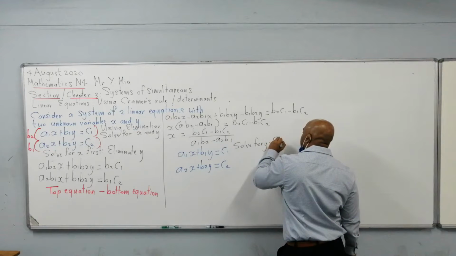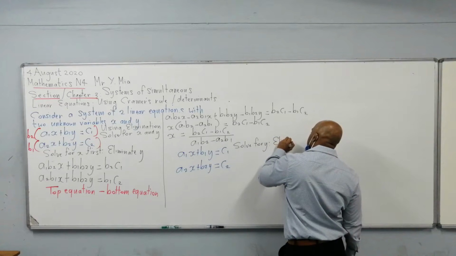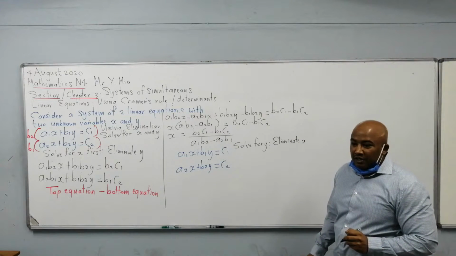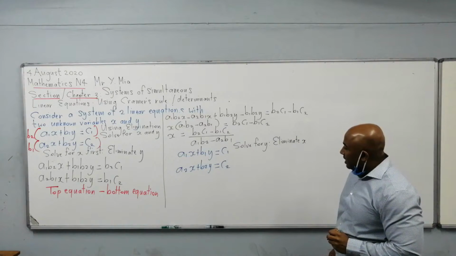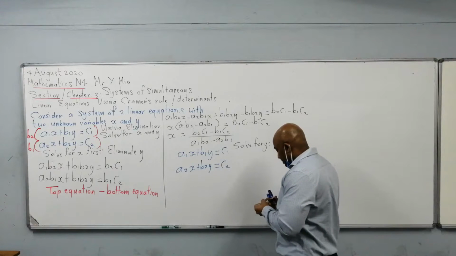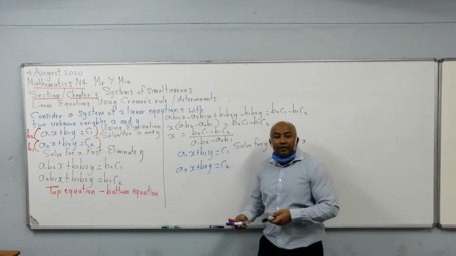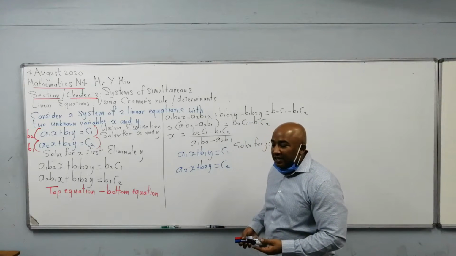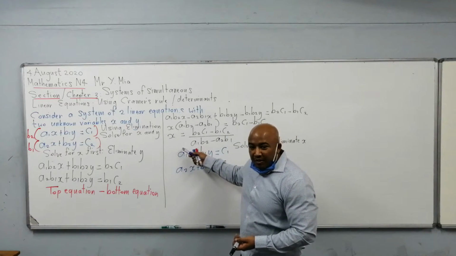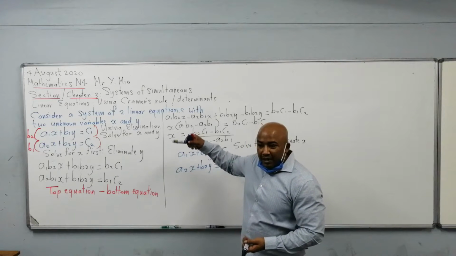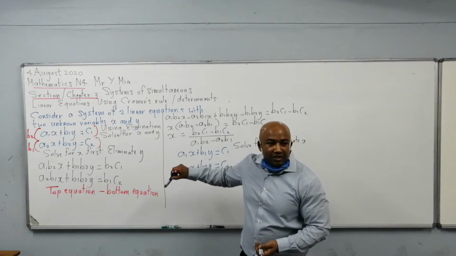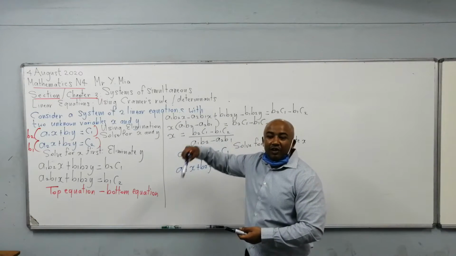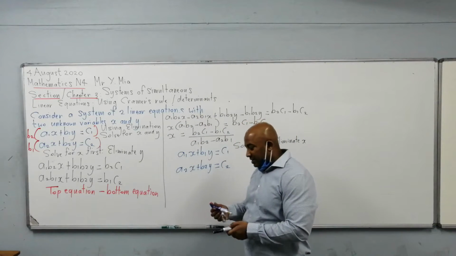So I'm going to eliminate x. Solve for y, so eliminate x. If I want to eliminate x, that means I need to multiply the top equation by the coefficient of x in the bottom equation, and then multiply the bottom equation by the coefficient of x in the top equation.